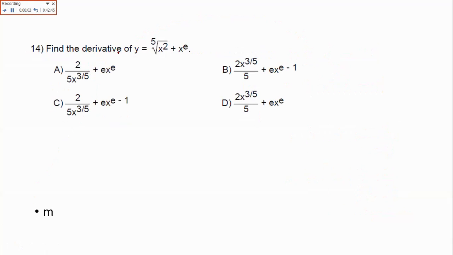Okay, find the derivative of y equal to this. So let's go ahead and change this one a little bit. So it is y equal to x to the power 1 over 5 squared, plus x to the power e. Correct? So to do the derivative, y prime will be equal to what?